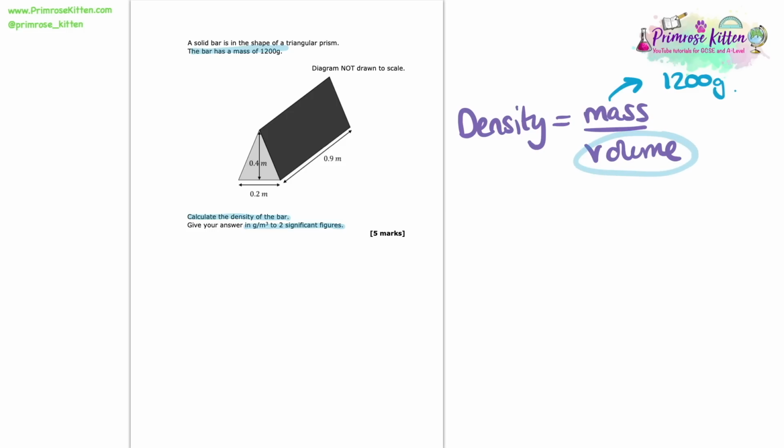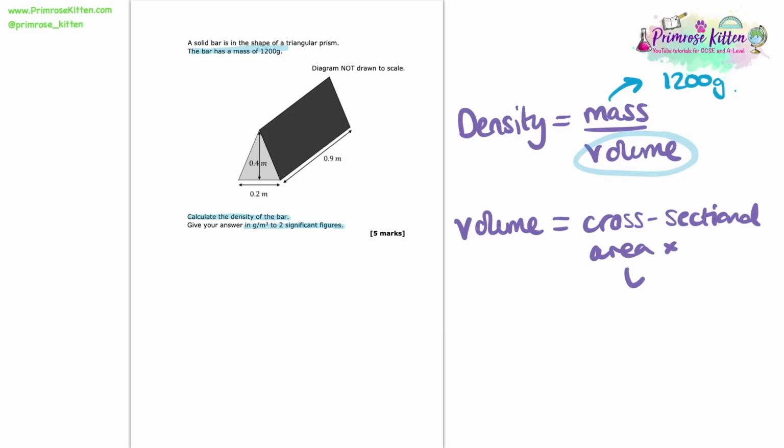Now, the volume of a prism like this one can be worked out by using the equation that states volume is cross-sectional area times by the length. So that's what we're going to have to do to work out the volume of this. We're going to have to first work out that cross-sectional area and then times it through its length.